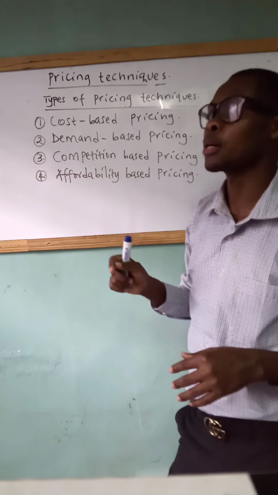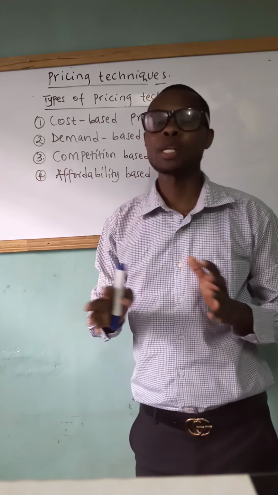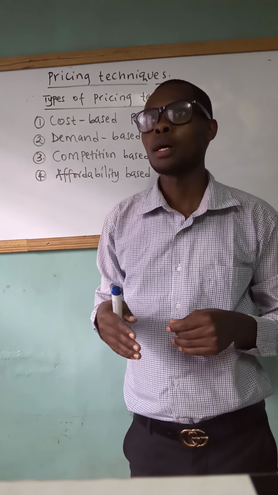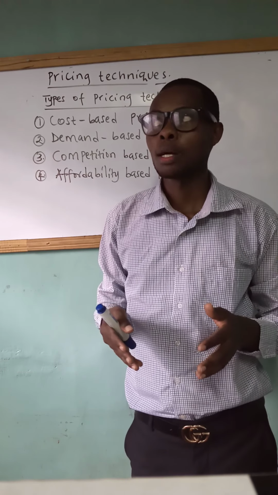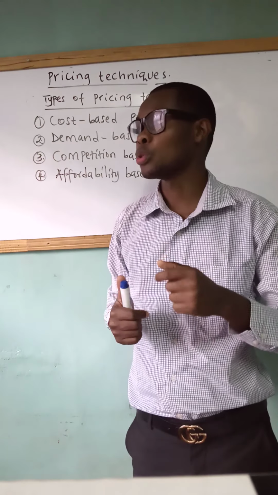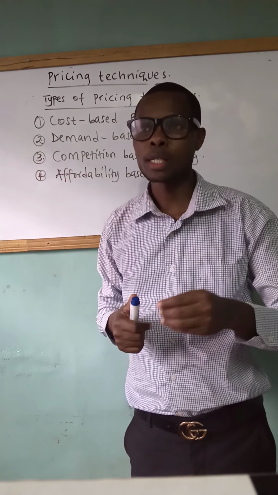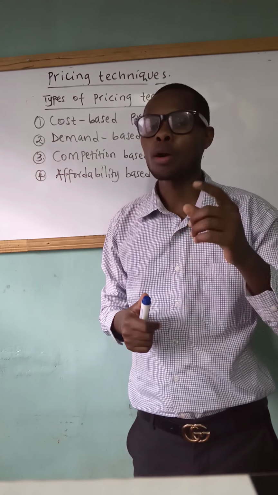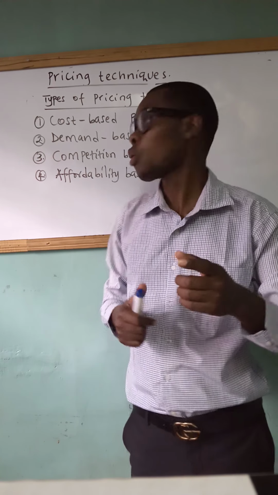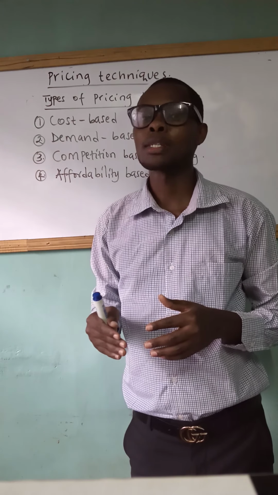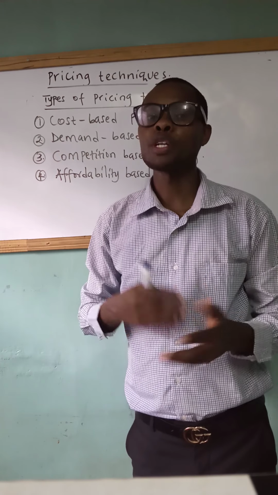Competition-based pricing, this is where you charge based on competition. If you are selling the same product, what price do you sell at, so that you ensure that the competitor does not compete you out?